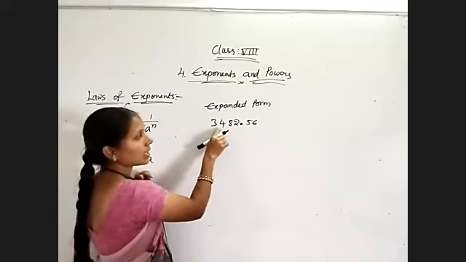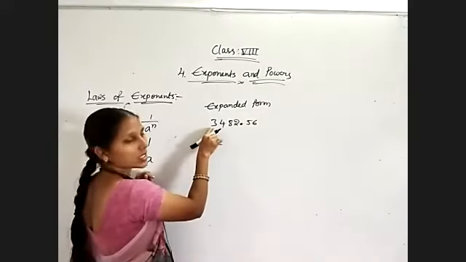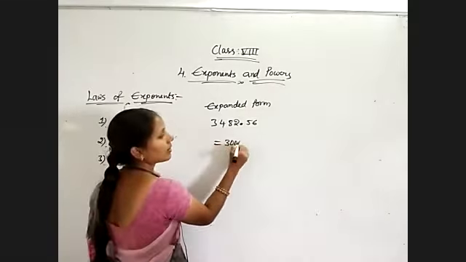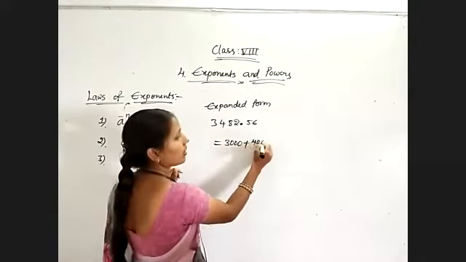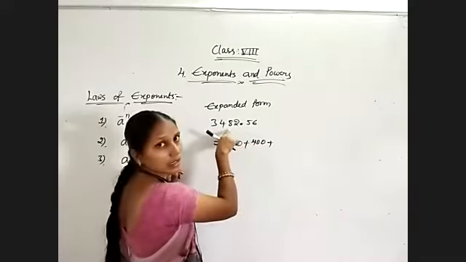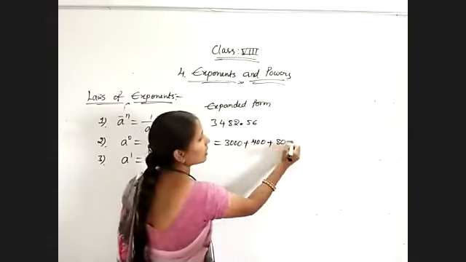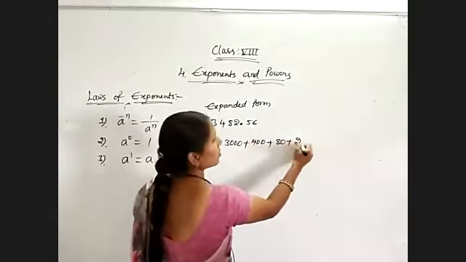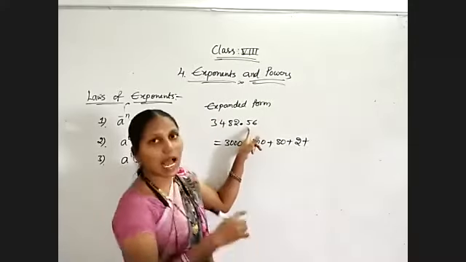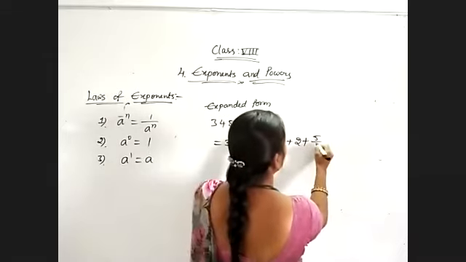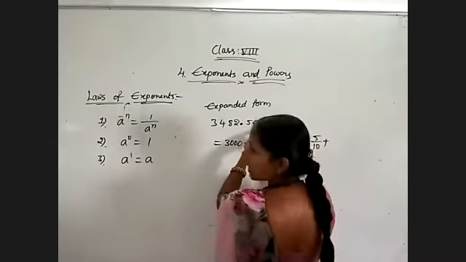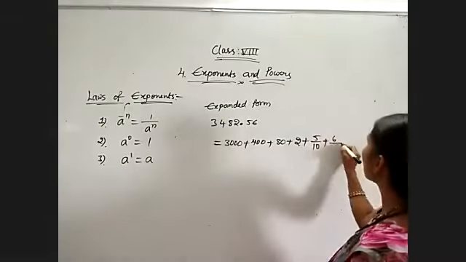Ones, tens, hundreds, thousands. 3 is in thousands place, so 3000, plus 4 is in hundreds place, so 400. 8 is in tens place, so 80. 2 is in ones place, so 2. 5 is after the decimal point, so tenths place, that is 5 by 10. And 6 is in hundredths place, that is 6 by 100.